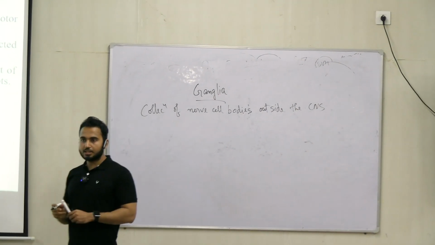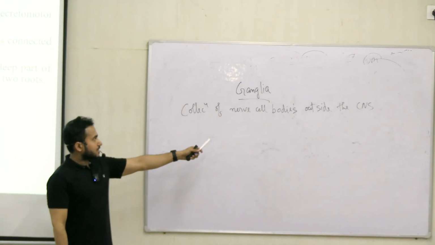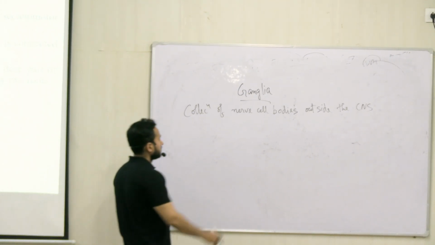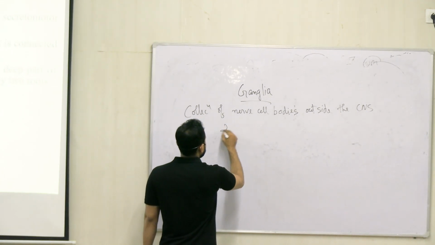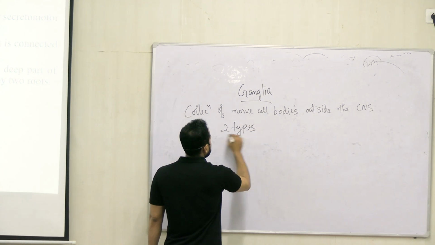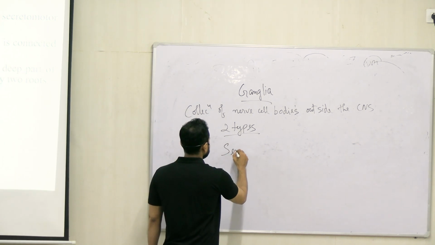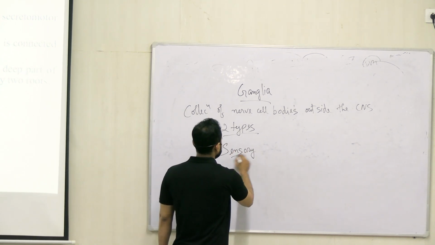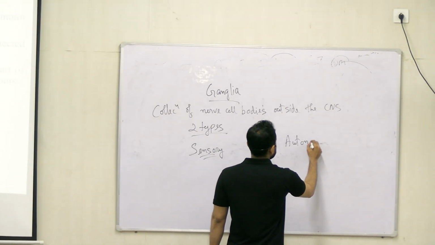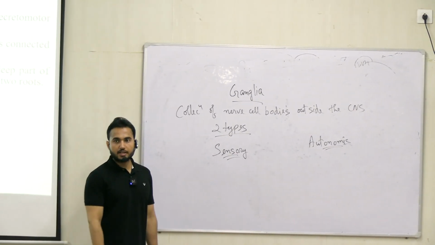So what exactly are ganglia? Ganglia are collections of nerve cell bodies outside the central nervous system. As I said, two types are there. Can anyone tell me what the two types of ganglia are? Sensory ganglia and autonomic ganglia.